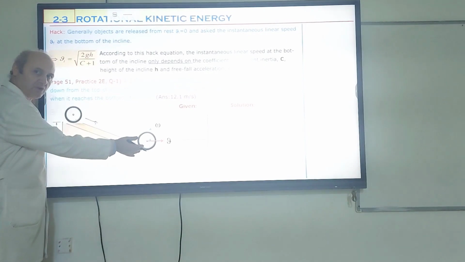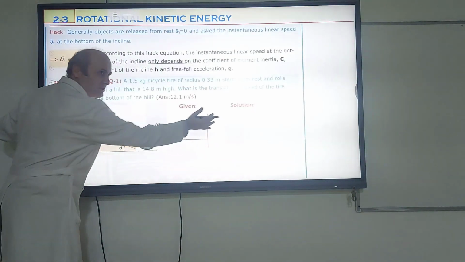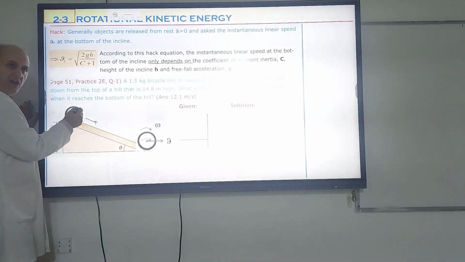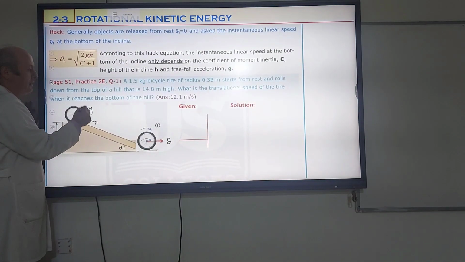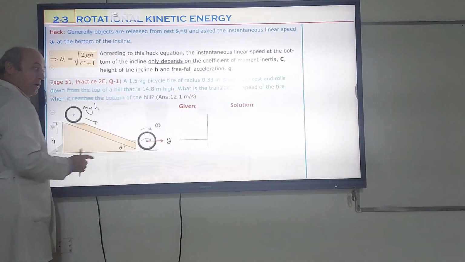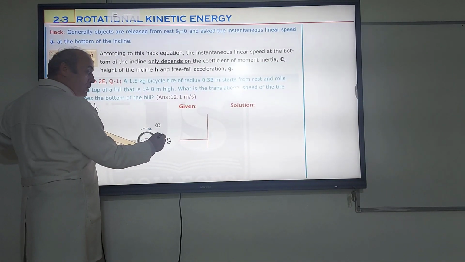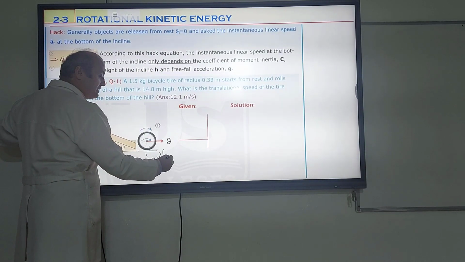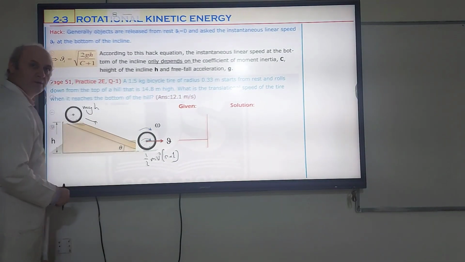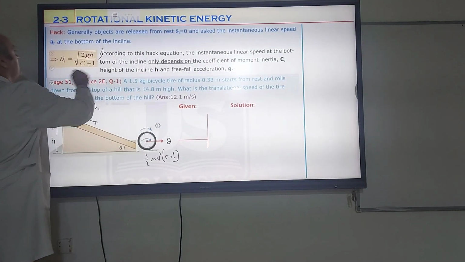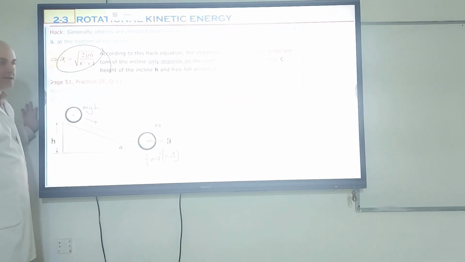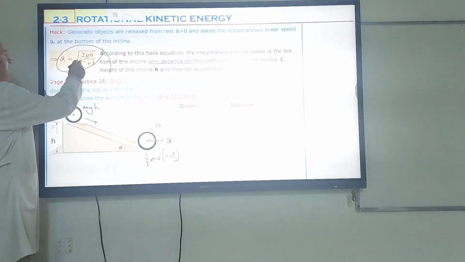But not only translational kinetic energy, total kinetic energy, because it's rolling. So potential energy at the top is mgh. Total kinetic energy at the bottom is 1/2 mv squared times (C plus 1). They're equal to each other. When you make them equal, you get this equation to calculate v at the bottom: v equals the square root of 2gh divided by (C plus 1).